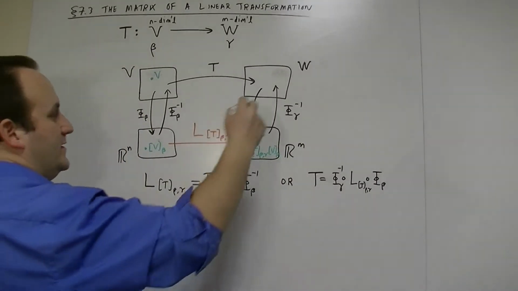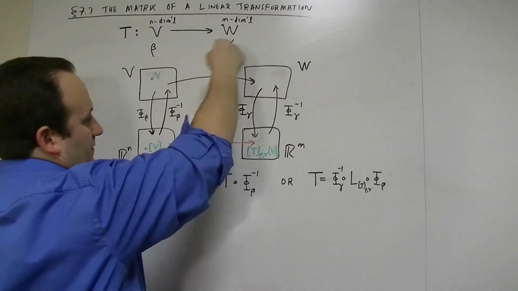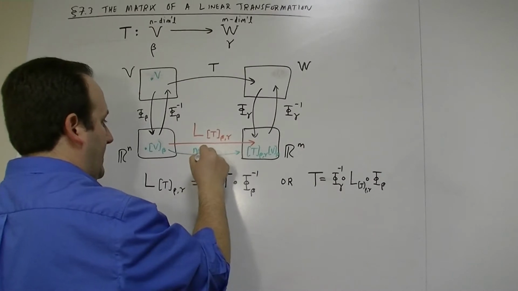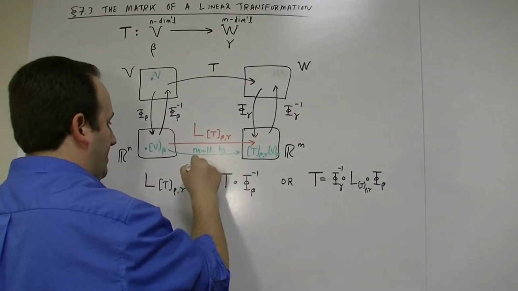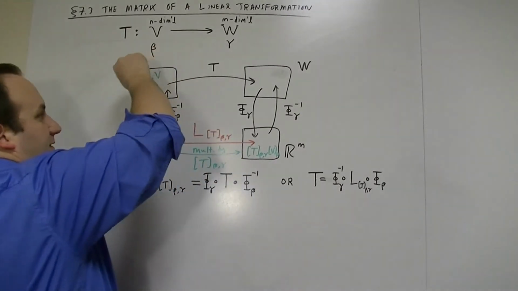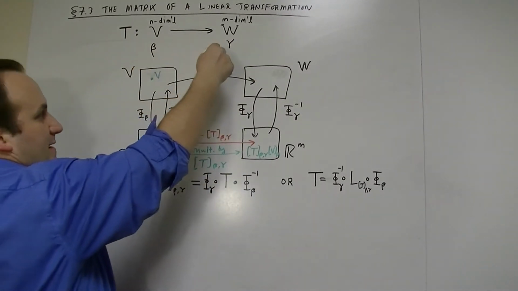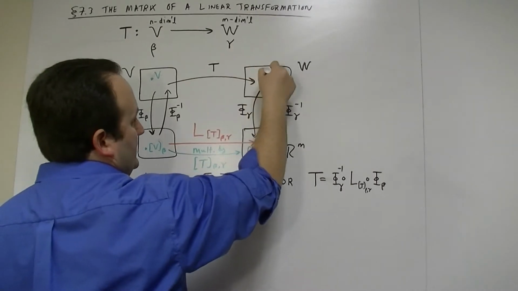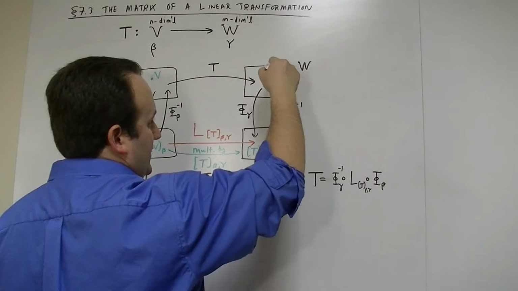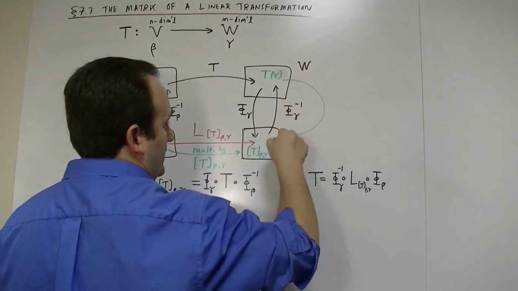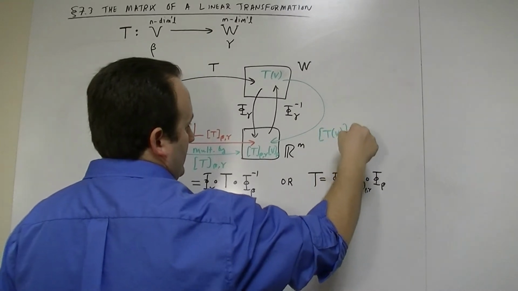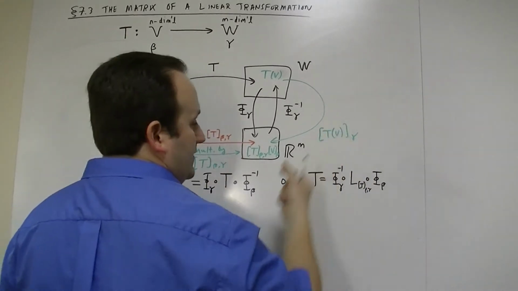Let's see here. But on the other hand, if you trace up here, so this is matrix multiplication, right? On the other hand, if you follow v on the upper part of the graph, v maps under T to Tv, right? And then if we look at Tv under the gamma coordinate map going down, that gets us the gamma coordinate of Tv.